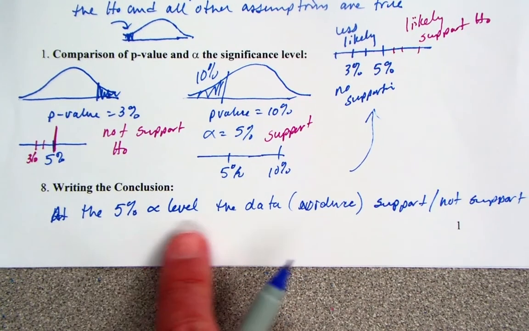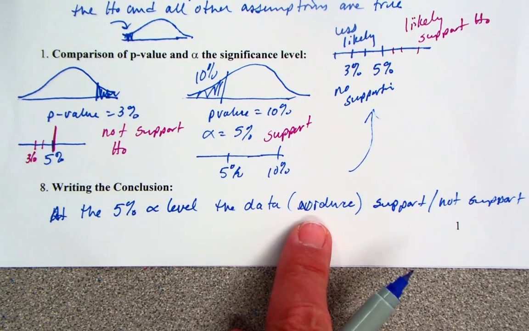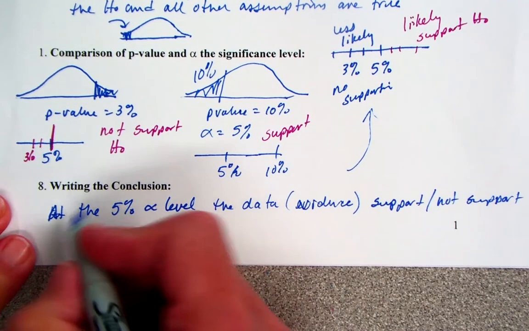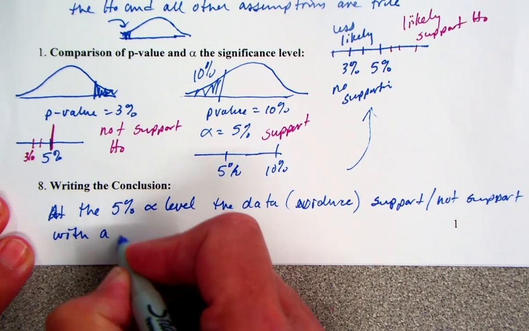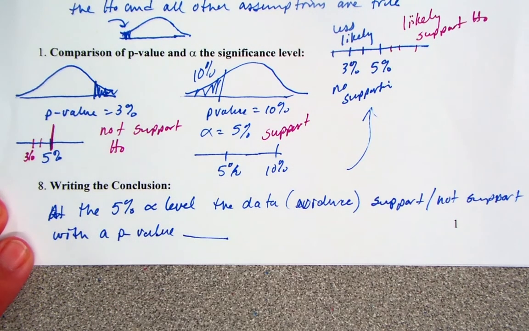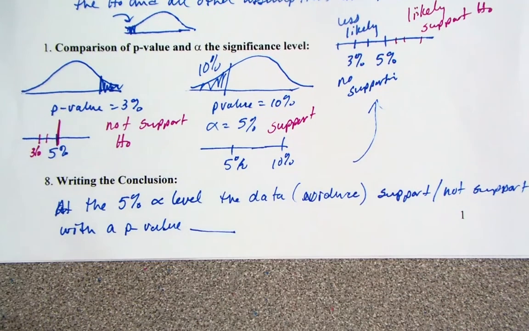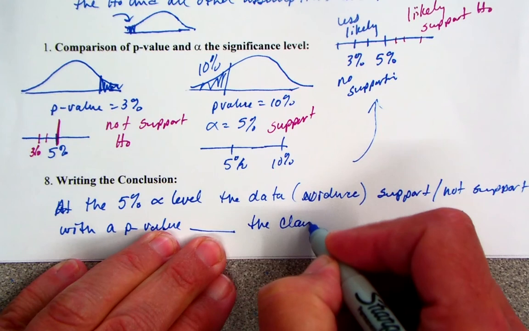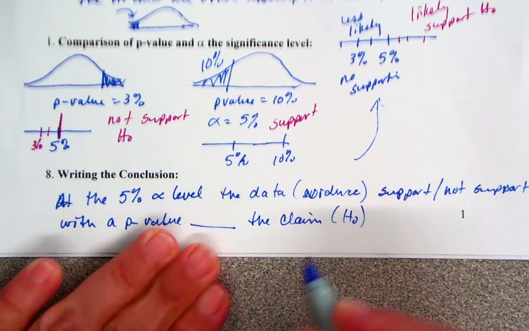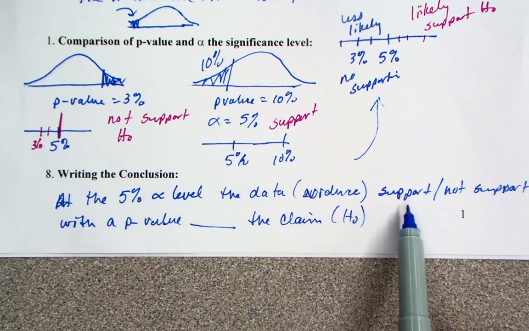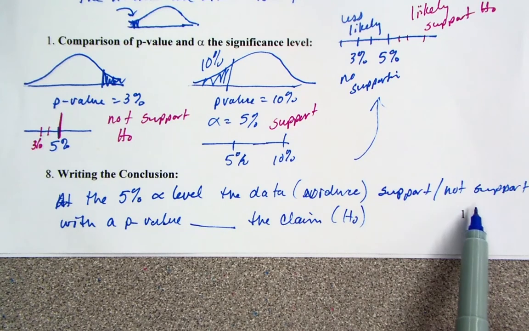So at that 5% alpha, the data or the evidence I collected supports or does not support, with a p-value of whatever you report. Okay? And what am I supporting or not supporting? The claim, which is H naught. So it's going to read, at the 5% level, the data supports or does not support. You have to make that decision.